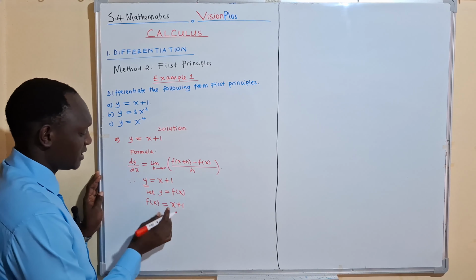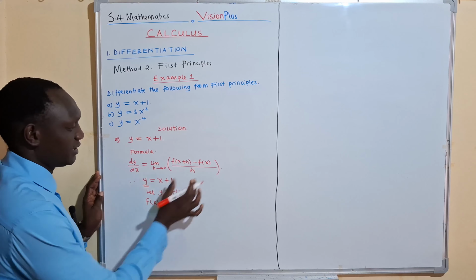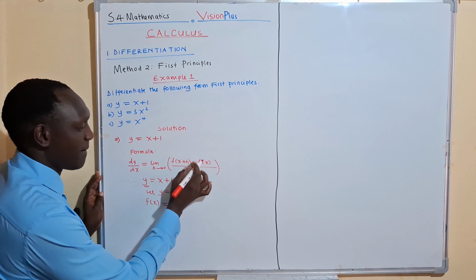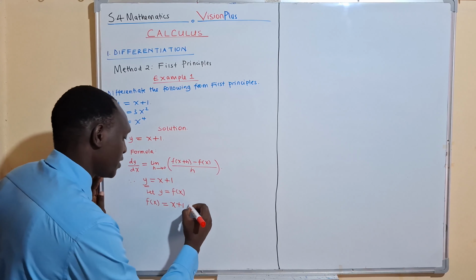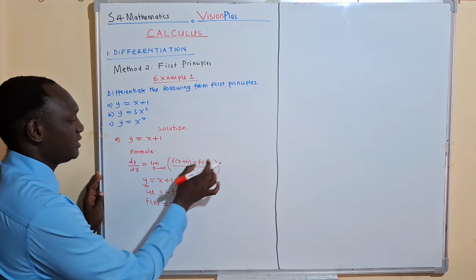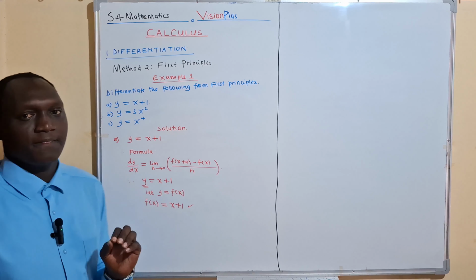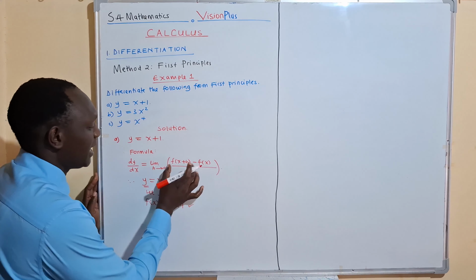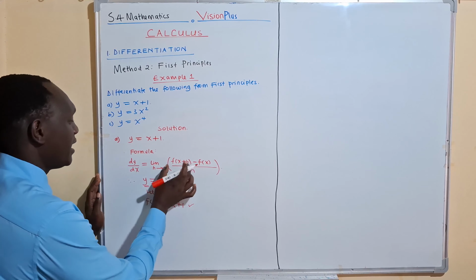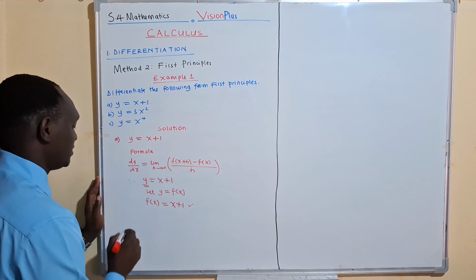Now this means that we have f of x already, which we are subtracting away here, minus f of x. So we have this one term that will be important to use in the formula. The other term that we need to pay attention to is f of x plus h.